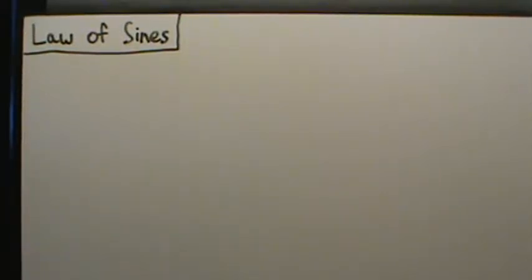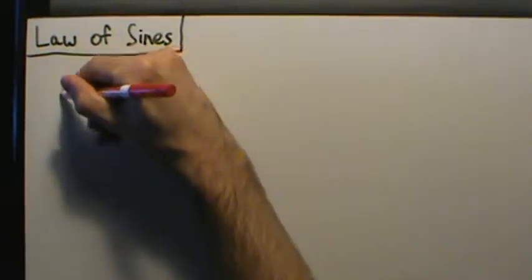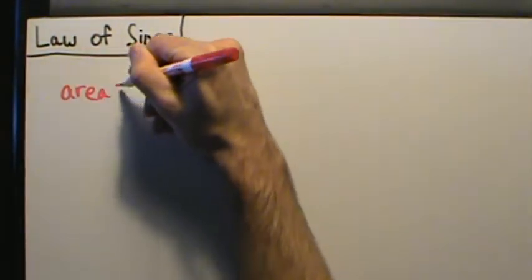So in this video we're going to talk about the law of sines, and we're going to explain where the formula comes from. A couple of videos ago we talked about the formula for the area of a triangle.